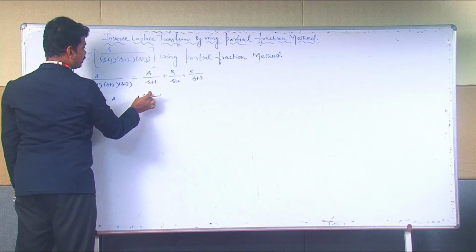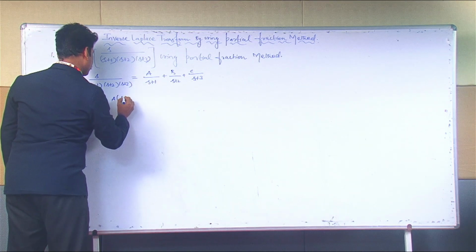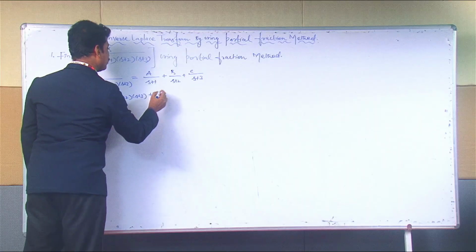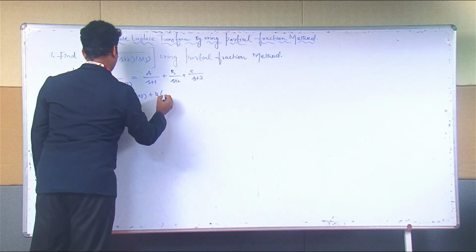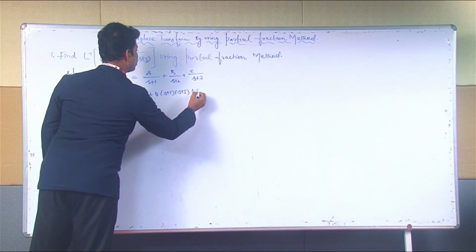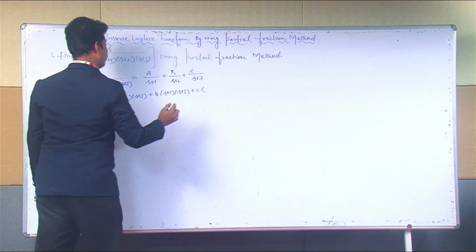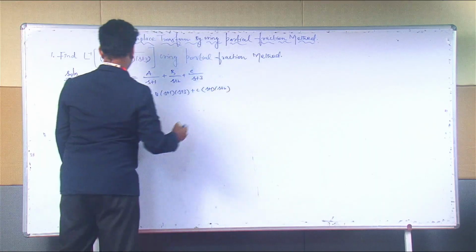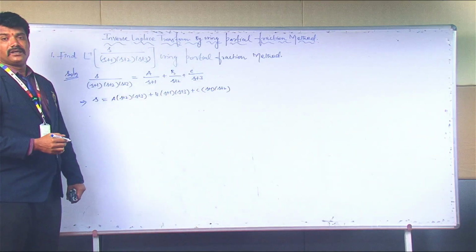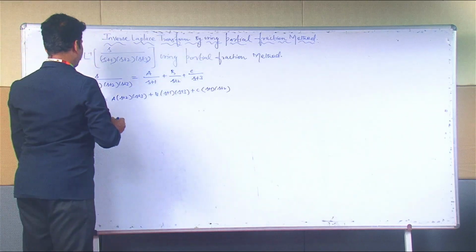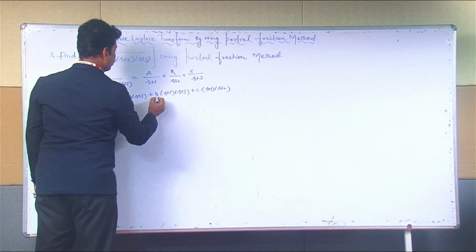So finally s equals A into s plus 2 into s plus 3, plus B into s plus 1 into s plus 3, plus C into s plus 1 into s plus 2. So this is the working procedure of the partial fraction method.